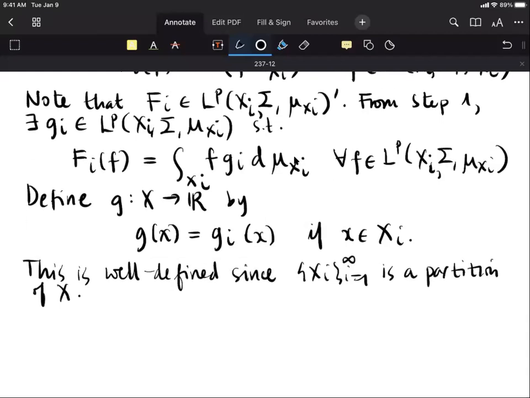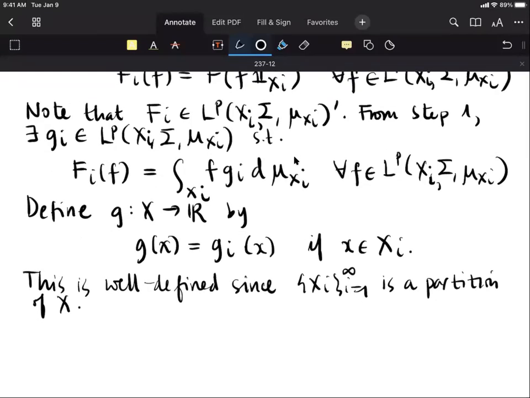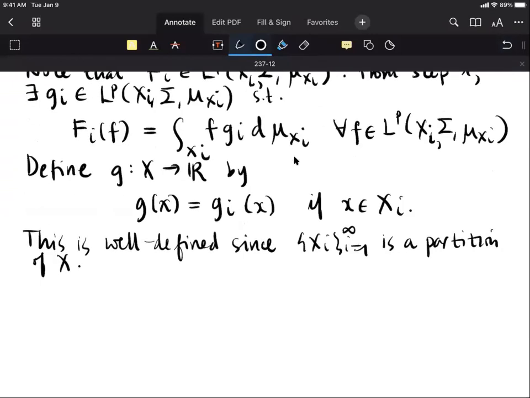So there's a unique I such that x belongs to capital X sub I. Now we will show that G is in fact in LQ of X, and we can remove the index I here.